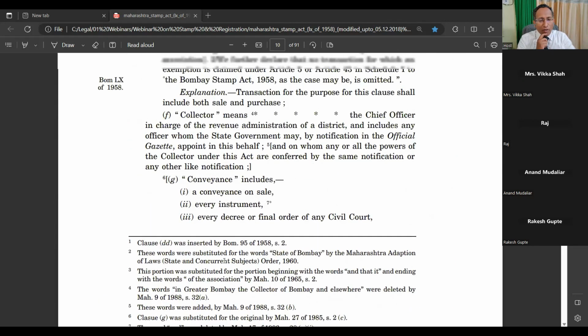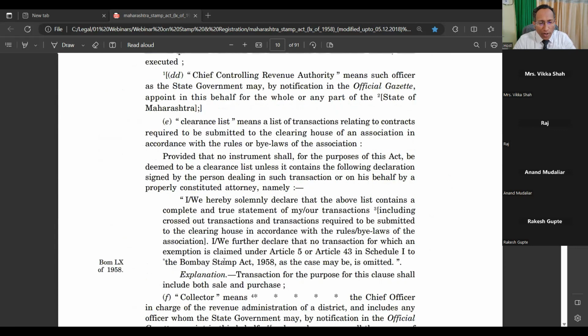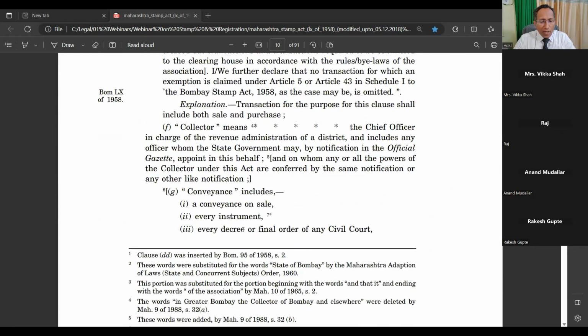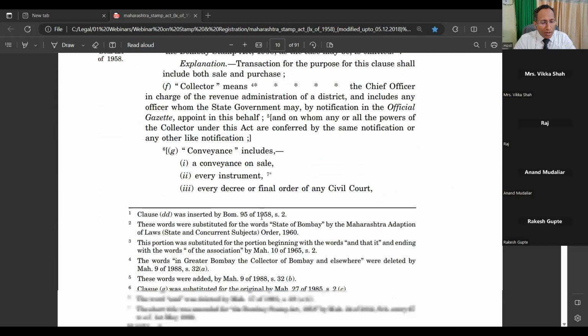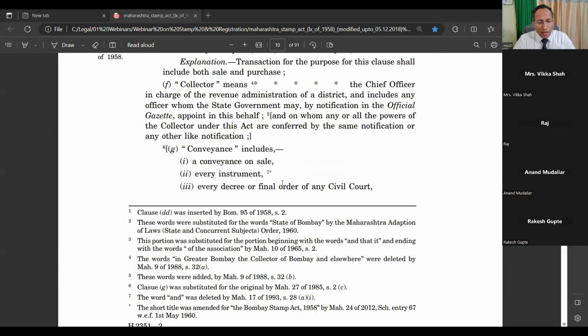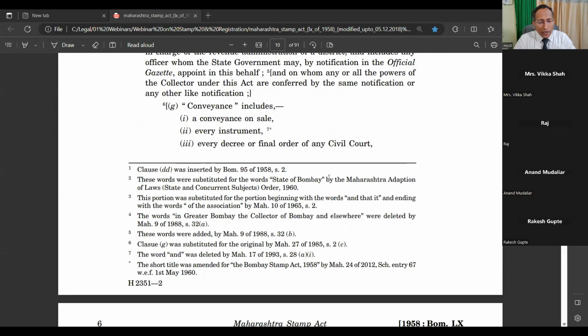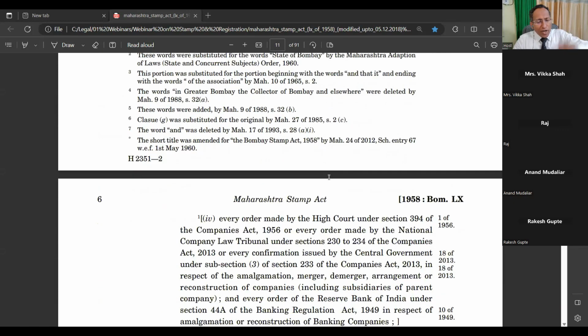One of the definitions which is important for many of us is conveyance. So what is conveyance? They have defined conveyance on sale, instrument, every final decree, order of civil court, etc. Why is it defined here? Because you will find in the schedule, when we go down, that they speak about conveyance in different aspects. Even when there is a merger or amalgamation of two companies, it's a conveyance.